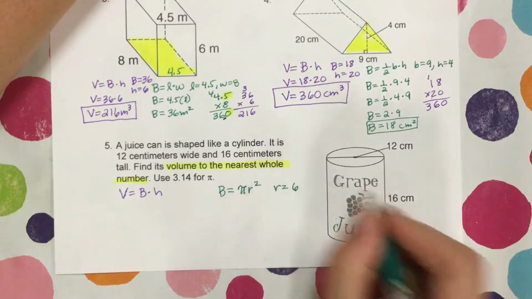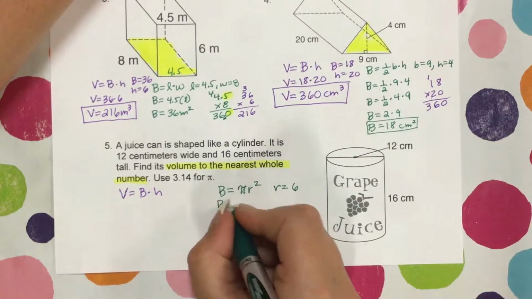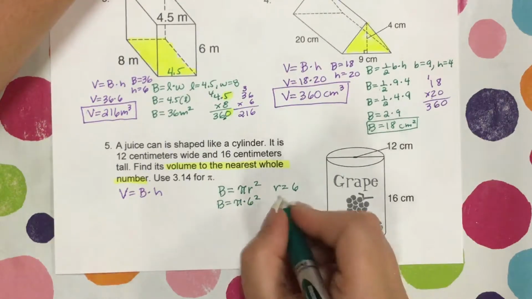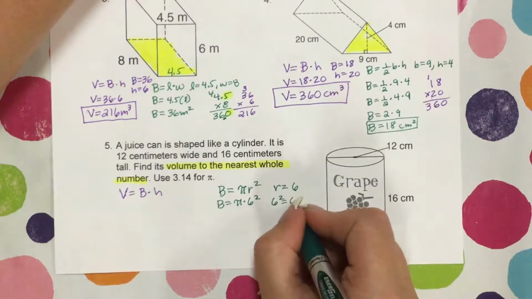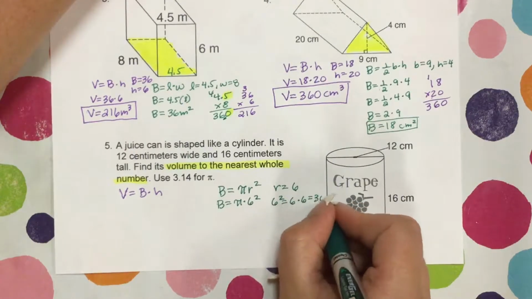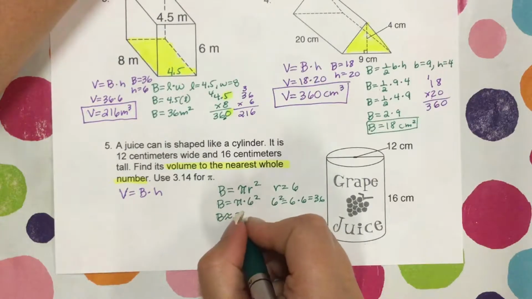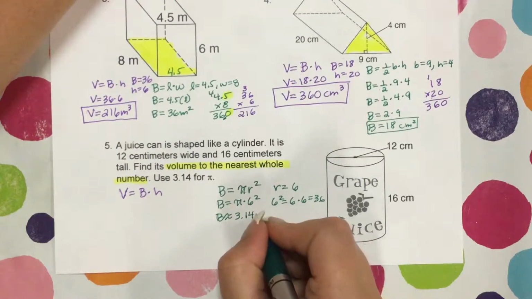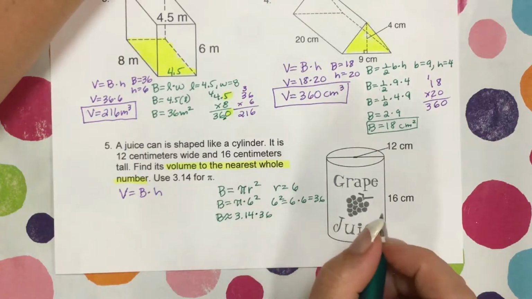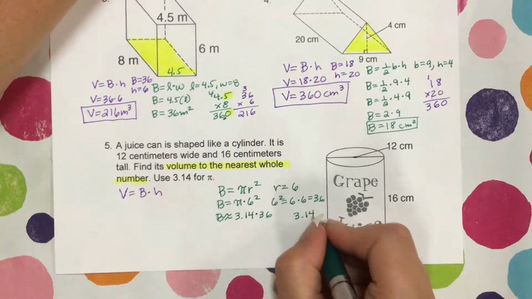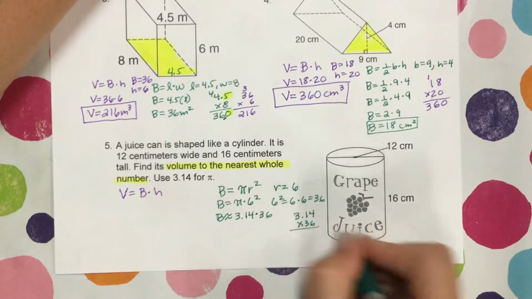So the radius is 6. That means our area of the base is pi times 6 squared. And 6 squared is the same thing as 6 times 6, which is 36. The area of the base is approximately 3.14 times 36. So we're just going to go ahead and do that multiplication. 3.14 times 36.